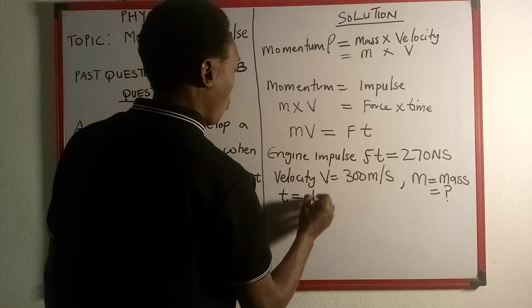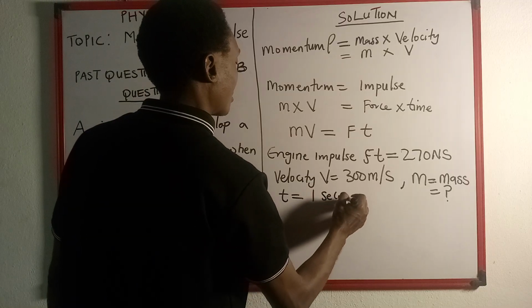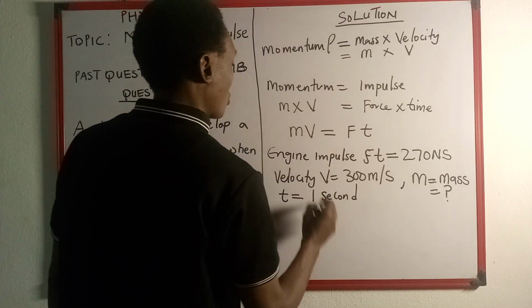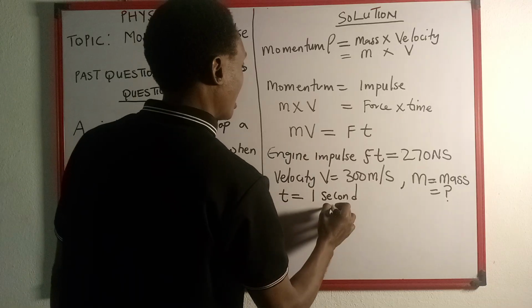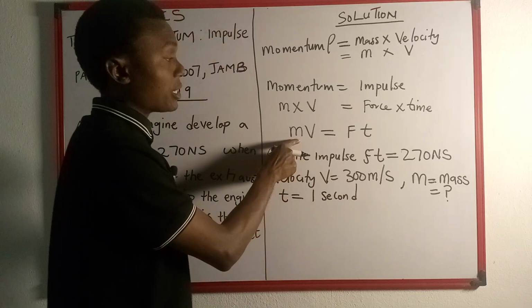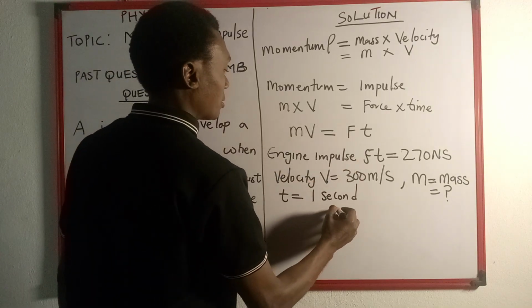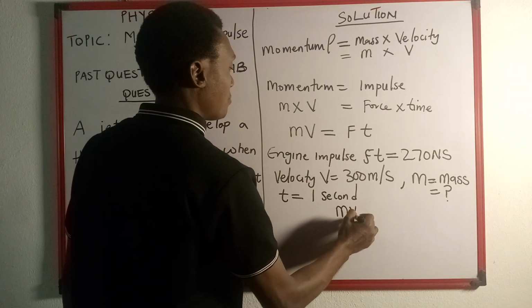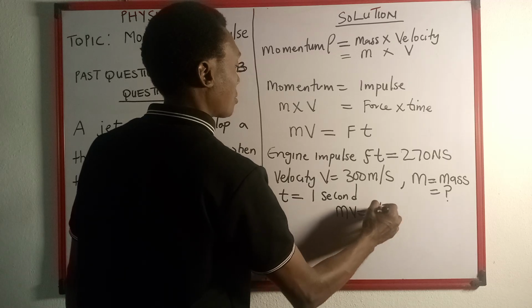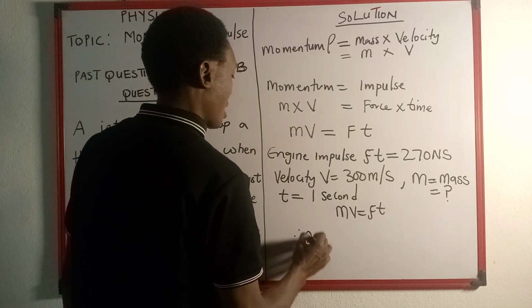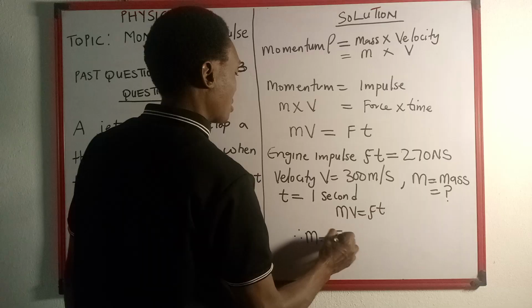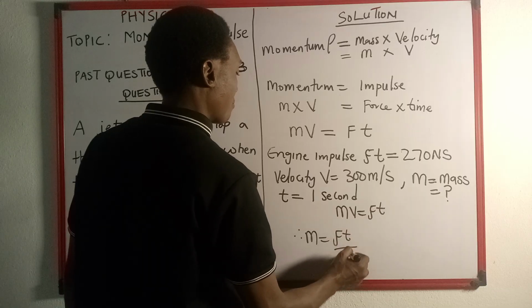So our time is 1 second. So from here, this formula, we can relate it, making m the subject of the formula. So we divide both sides by v, v will come under. So we have mv is equal to Ft. So therefore, m is equal to Ft over v.